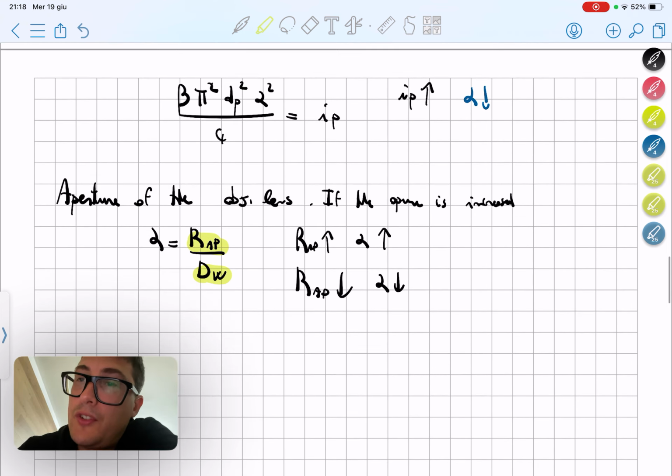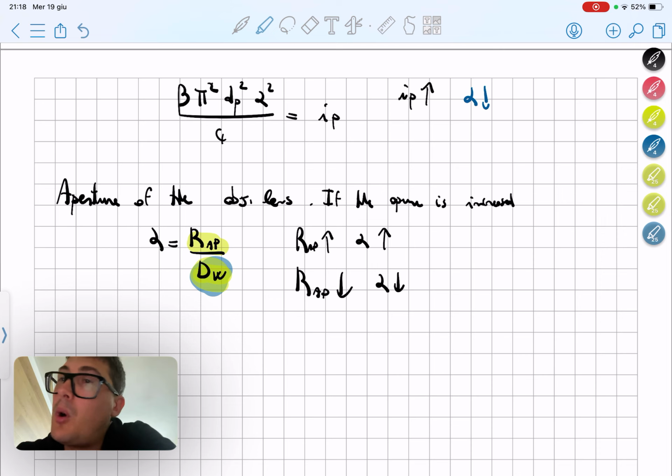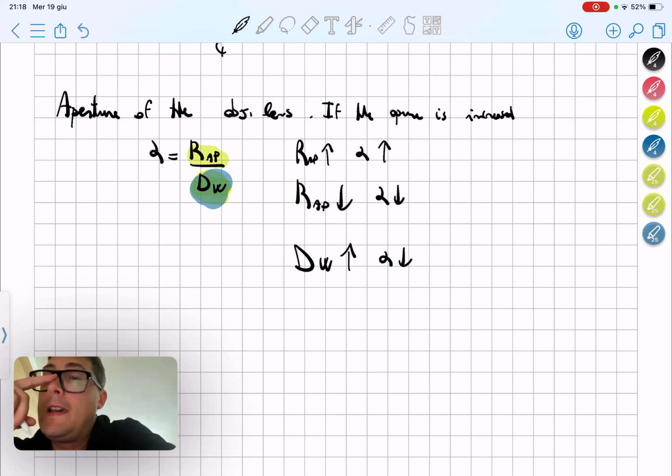And we can also see from this relation here that if we are increasing the working distance, on the other hand, we will have a smaller angle. So if dW is increasing, the angle is going down, and this will have an impact on the depth of focus, which will be bigger, it will stay more on focus, but we will come back to this.